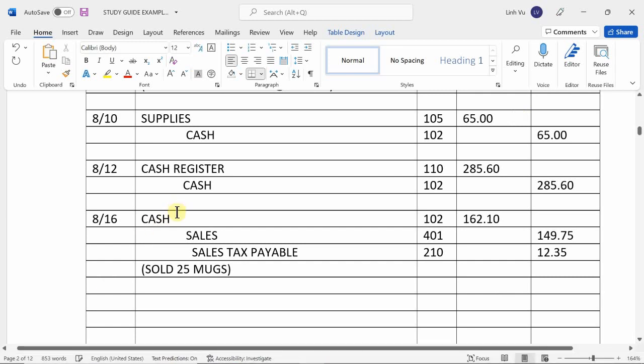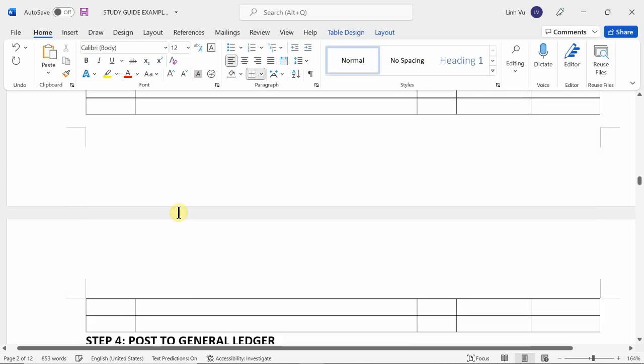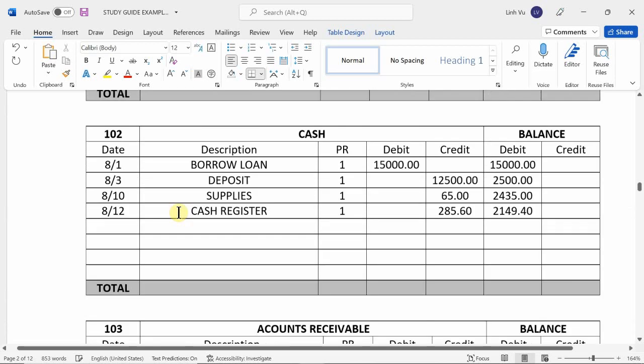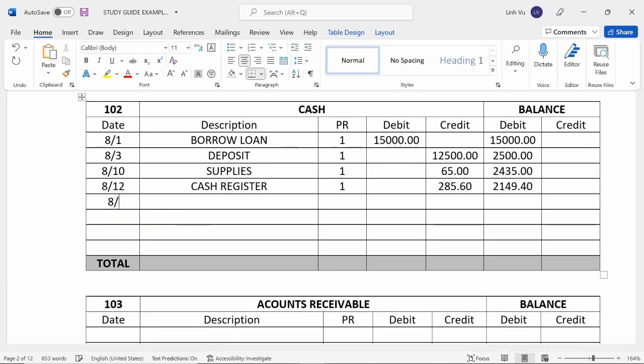So then I need to update my ledger accounts. I received cash for sales, which increased my cash by $162.10.